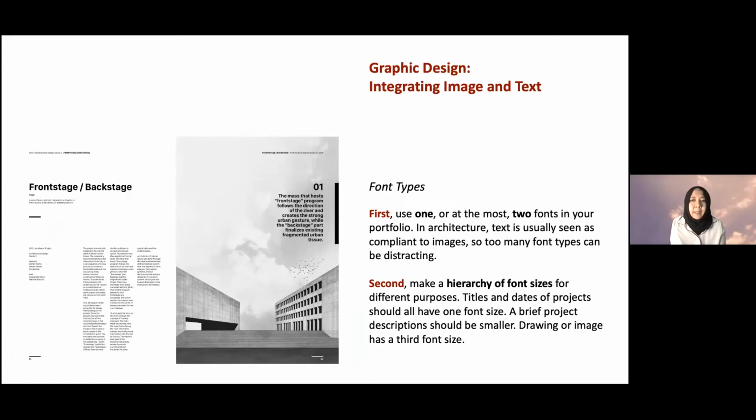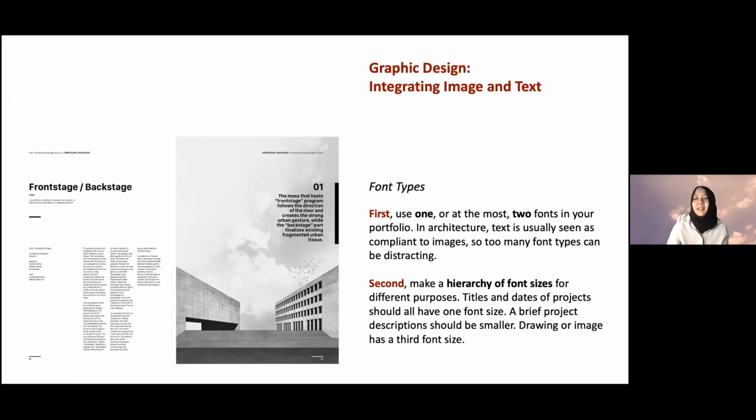And then secondly, if you have chosen one or two types, make a hierarchy of font sizes for different purposes. For example, here, the title and the dates of the projects should all have one size. A brief project description should be smaller than the title, of course.